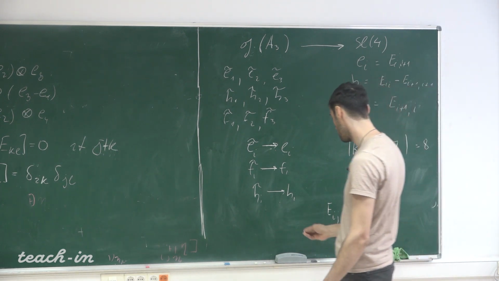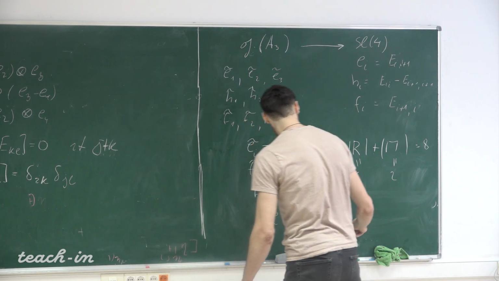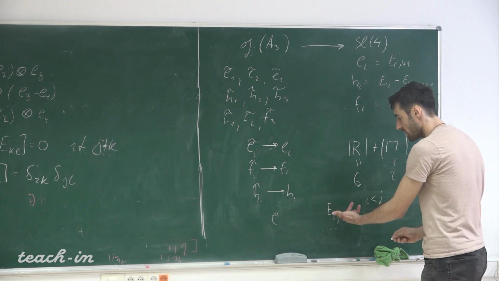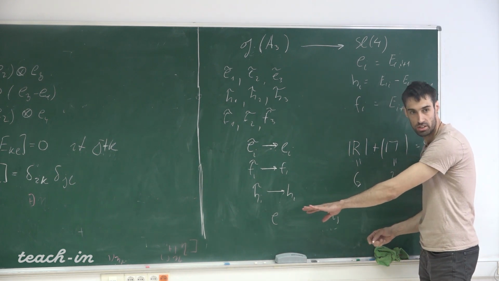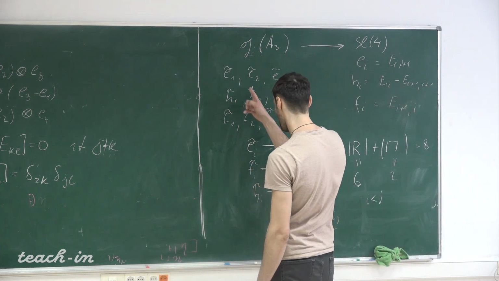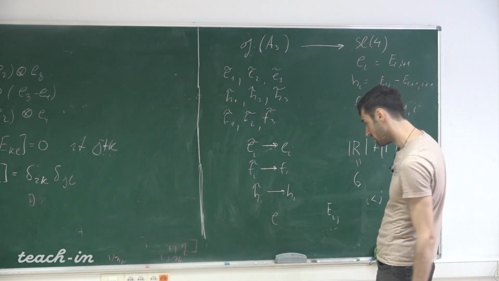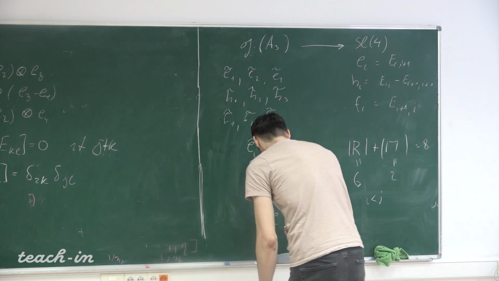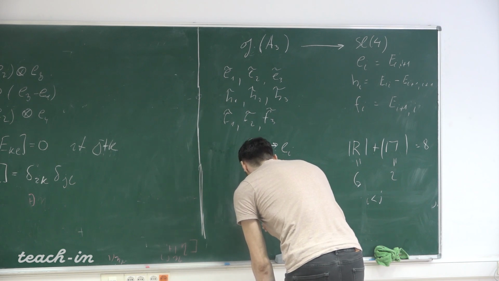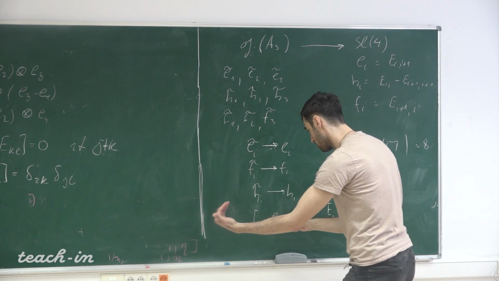So I claim that if I take a commutator, so suppose i is less than j here, for i greater than j I need to work with F's in a similar manner. So suppose I have this. Let me find the element in here that corresponds to this guy. I claim that it is like this: I just form a sequence of subsequent commutators.